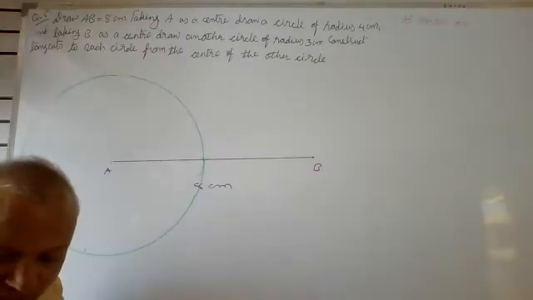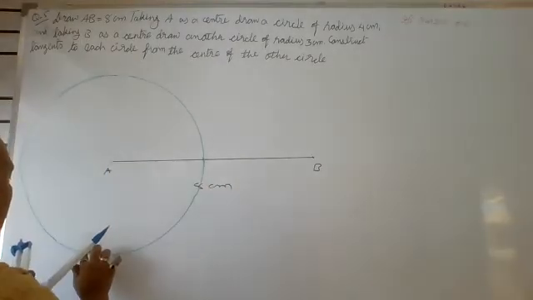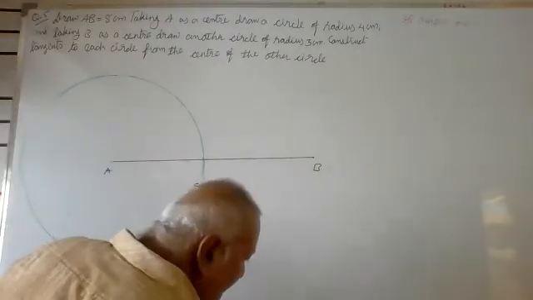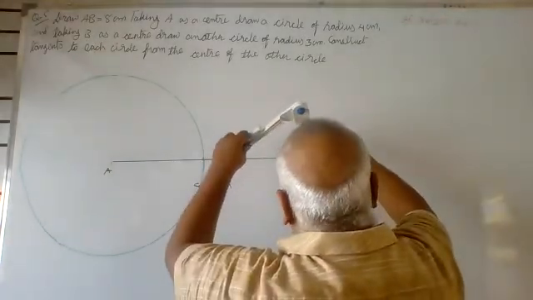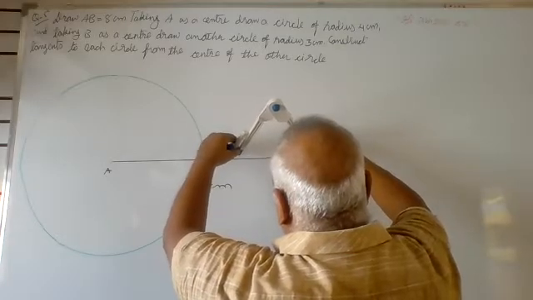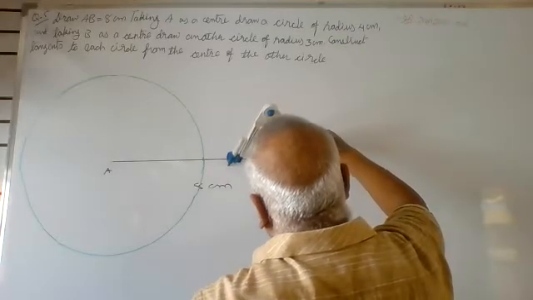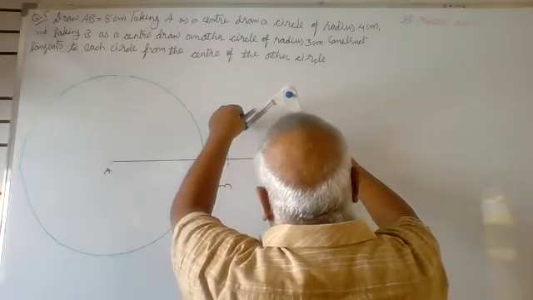Now we have to draw another circle from B, and this circle has a 3 centimeter radius, so it will be a little bit smaller.